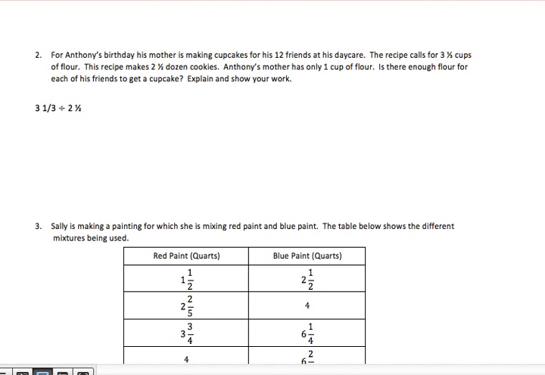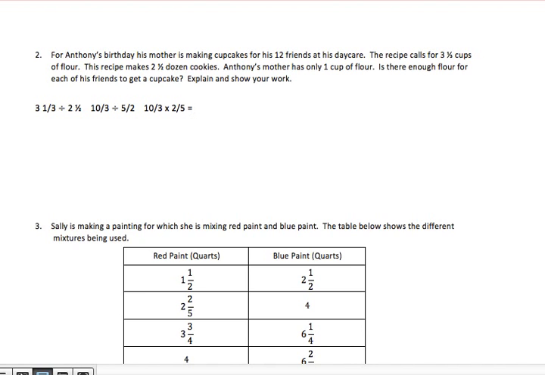And if we change those mixed numbers into improper fractions, we would get 10/3 divided by 5/2. And then following our rules of division of fractions, we would turn that into 10/3 times 2/5, which is the reciprocal of 5/2.